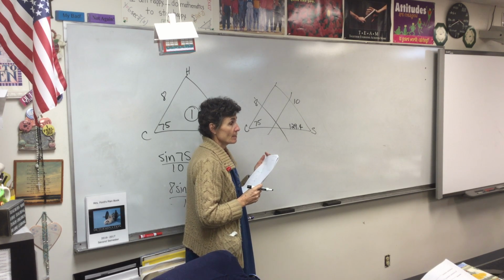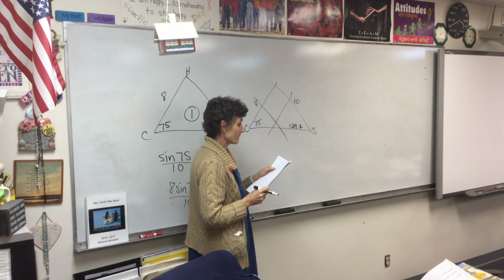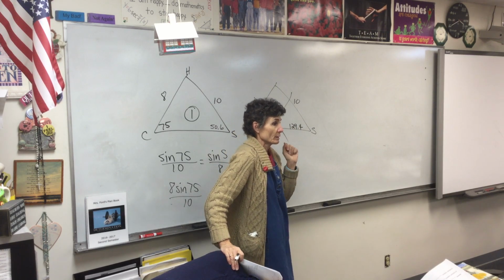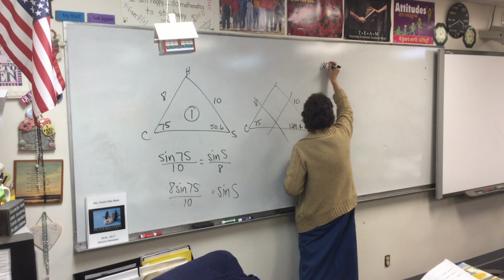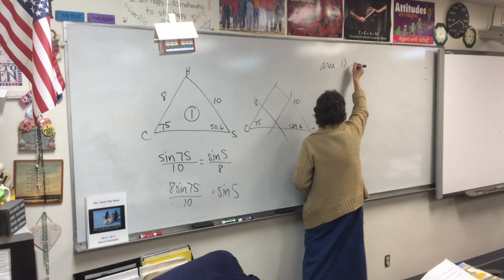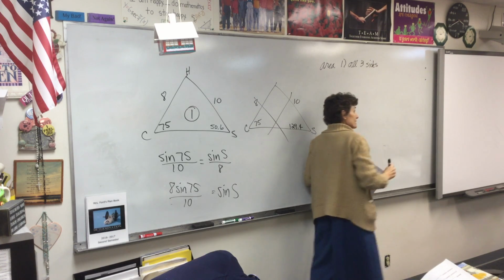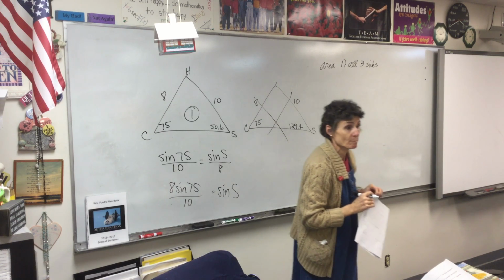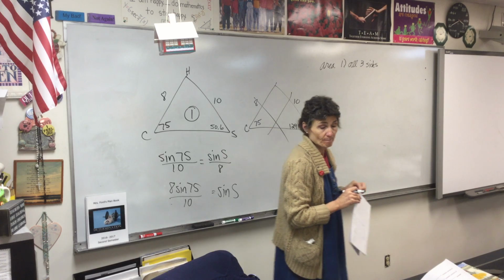Okay? Now, to find the area of the triangle, there are two things we would love to have. To find area, we would like to have all three sides. Because if we have all three sides, we can use what special area formula? Heron's.